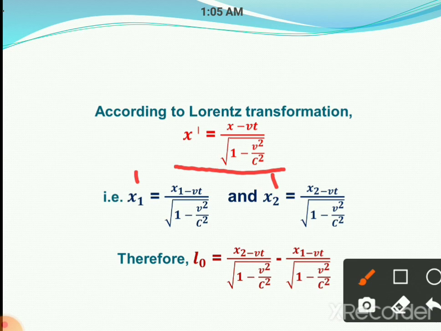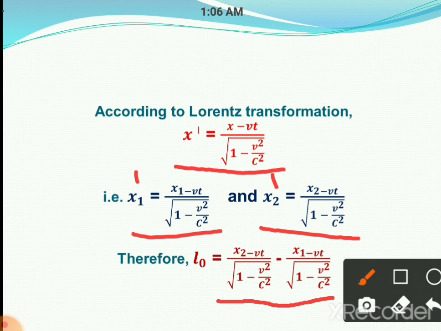Therefore we know that L0 is the proper length. L0 is equal to x2 dash minus x1 dash. Substituting, we get L0 is equal to x2 minus vt divided by square root of 1 minus v square by c square, minus x1 minus vt divided by square root of 1 minus v square by c square.